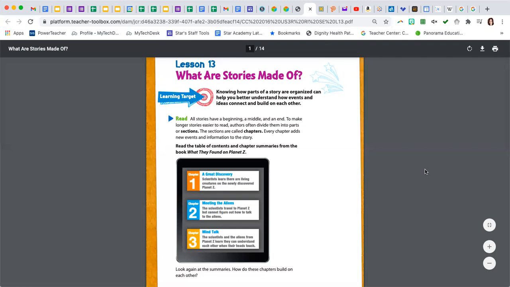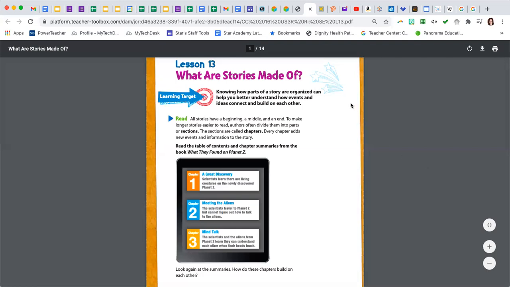But there is a big bad wolf who keeps trying to get into their houses. And in the end, we learn how the pigs solve their problem. What do they do? Of course, they get rid of the big bad wolf. Each part of the story has a different purpose. The middle builds on the beginning, and the end builds on the middle.